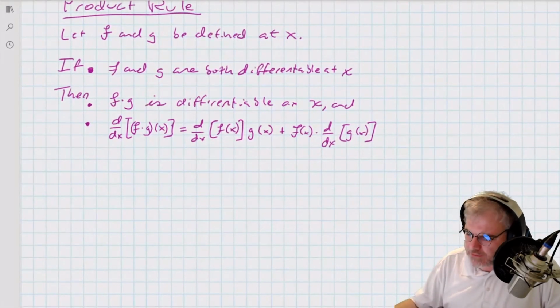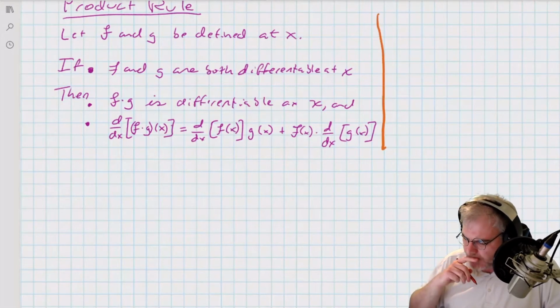That's one way to think about it. There's an alternate way of thinking about it. And for the moment, let's think of that as a better way. And I will do examples.